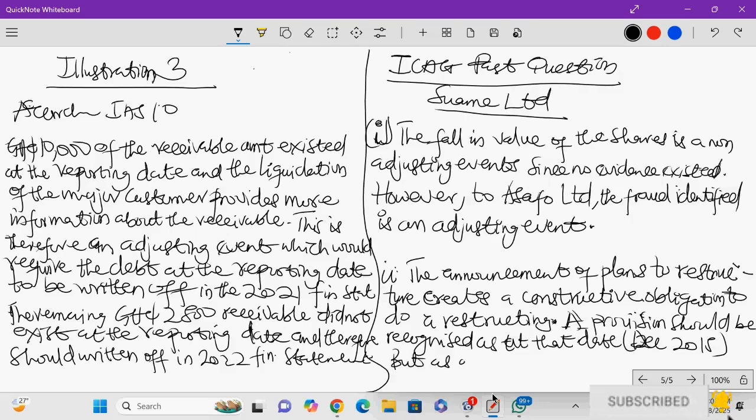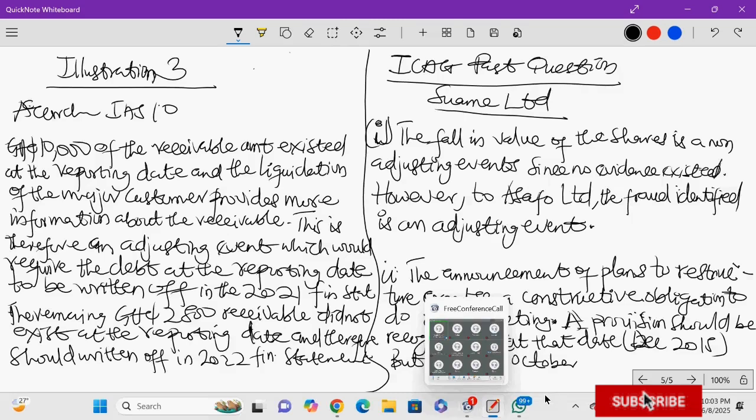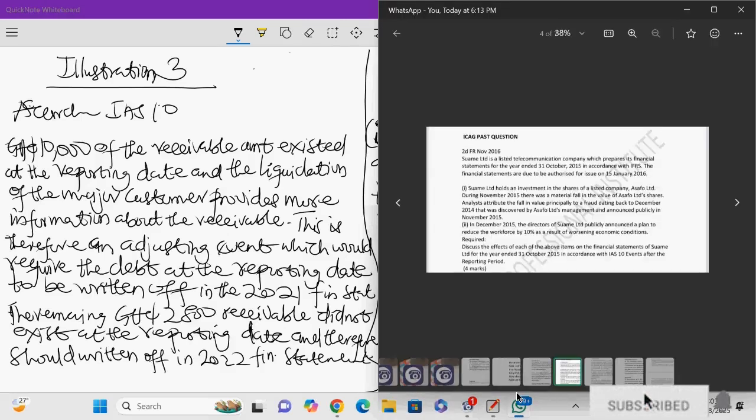But as at 31st October, let me see, is there an error with the date?